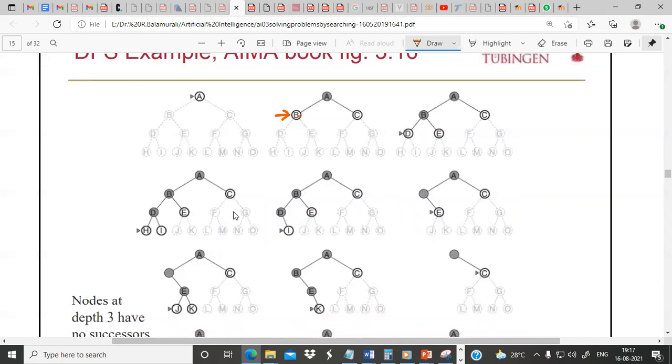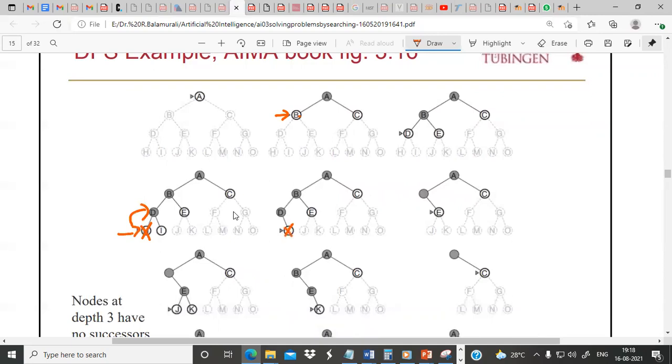Then we check whether H is the goal state or not. H is not the goal state, and H is a leaf node. That is, it doesn't have any other child. Now remove H from the memory. You can see here H is removed from the memory. And the algorithm will backtrack to D, its parent. Its next child will be checked whether this is the goal state or not. No. This is not the goal state. Not only that, this is a leaf node.